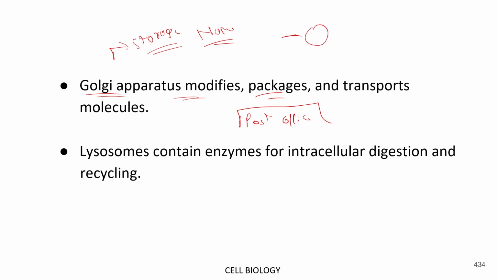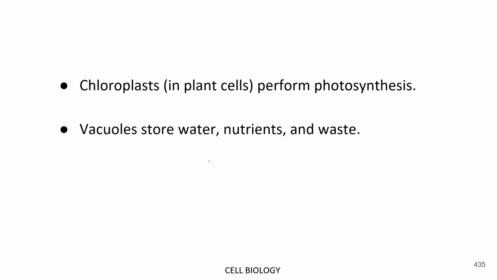Whatever items come inside the Golgi apparatus, it first stores them. Thereafter, whenever required, second, it packs them, and third, it transports them. So these are the three functions done by the Golgi apparatus. First, modify or store them. Second, pack them. Third, transport them. Got it?